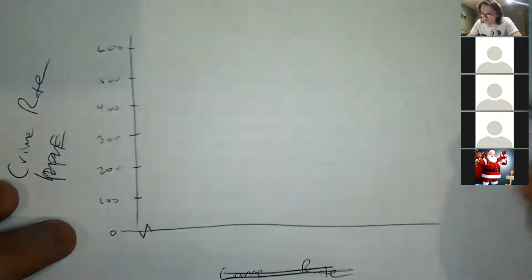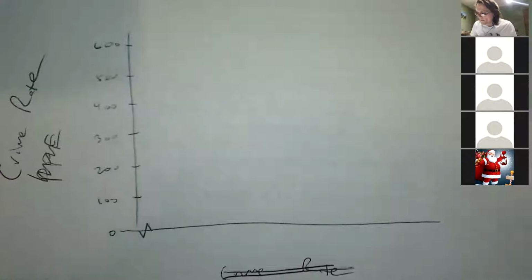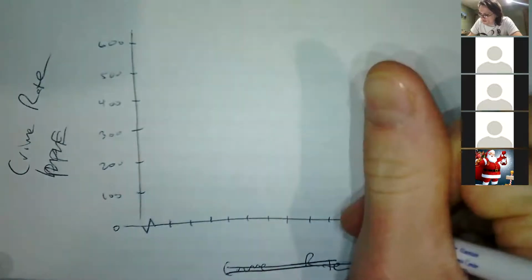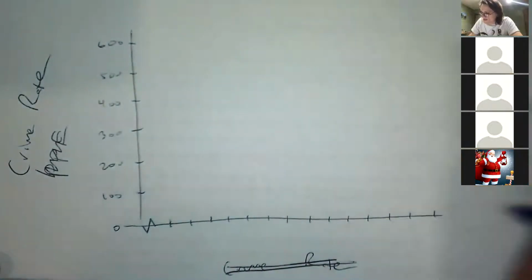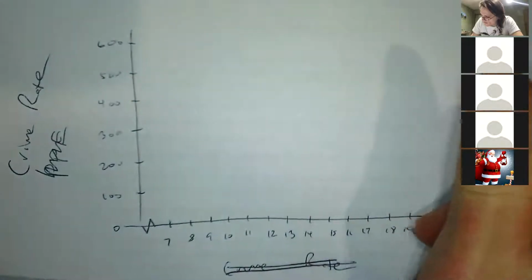You can do one of those things if you want to be really retro. You can do one of those things, put a break in the graph. I remember doing this in high school. I have never had to do them in college. And then you can just start. So I'll start at 7, 8, 9, 10, 11, 12, 13, 14, 15, 16, 17, 18, 19, 20.